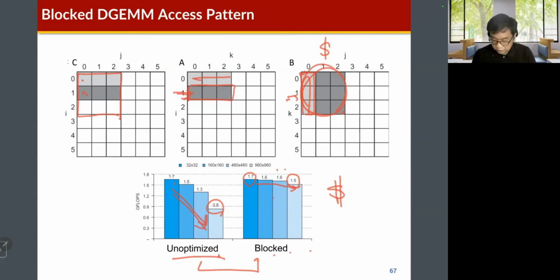But if we use smaller submatrices for matrix multiplication, the performance is slightly decreased, but this performance drop is not as high as the unoptimized version.